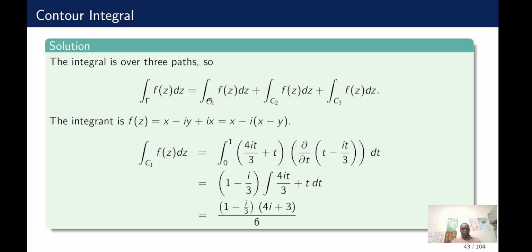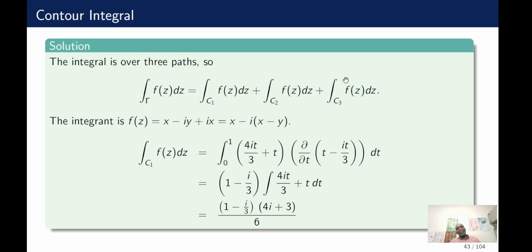So it will be over C1, which is the straight line going down from the origin, and C2, the straight line coming down, starting down and going up to connect with the path, the parabola.